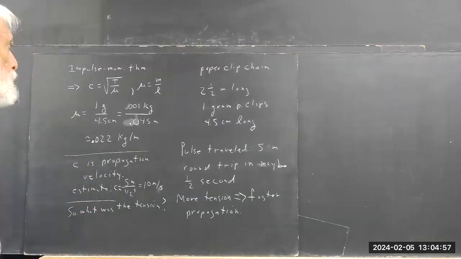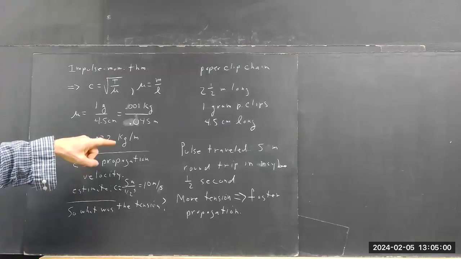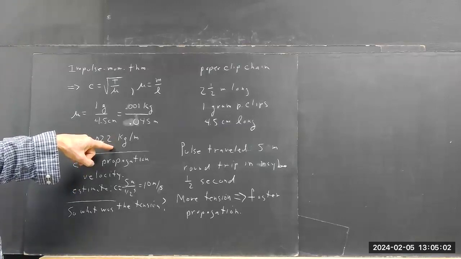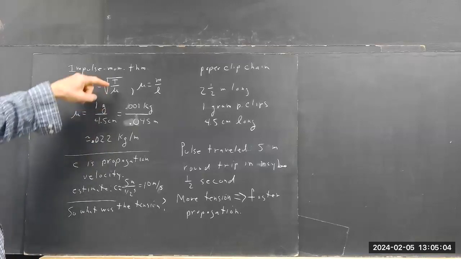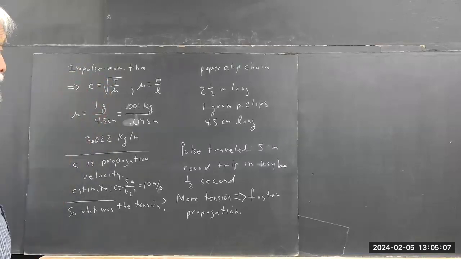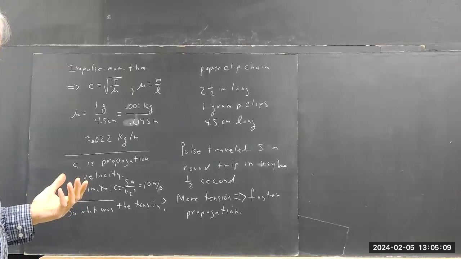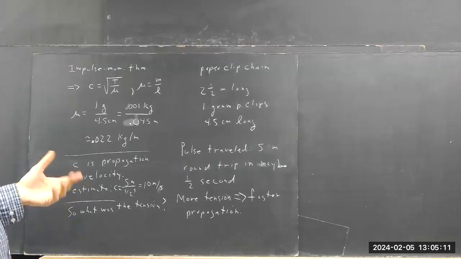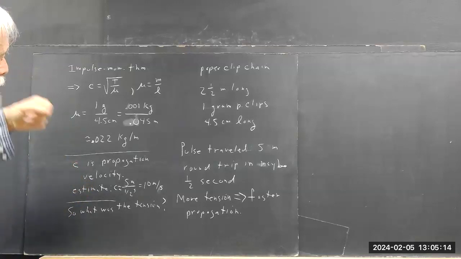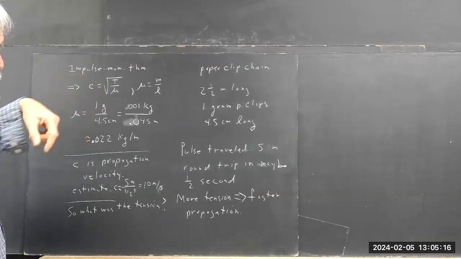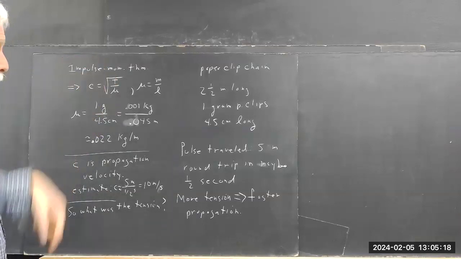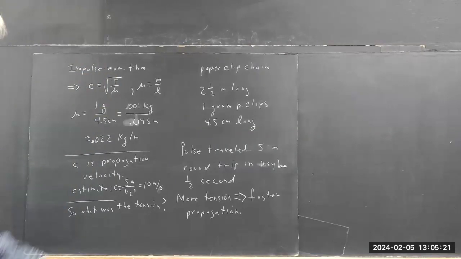Now, that means if this is in SI units of kilograms per meter, well, then the tension divided by the mass per unit length would just have numerical value of tension over 0.022, which is about 45 times the tension. Sorry, we want the tension.